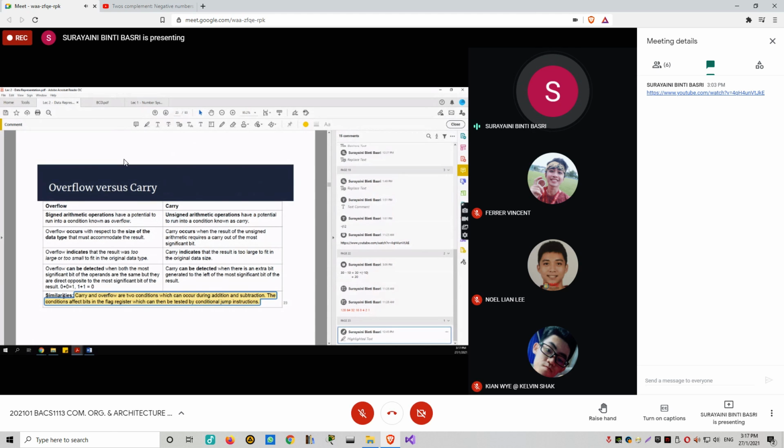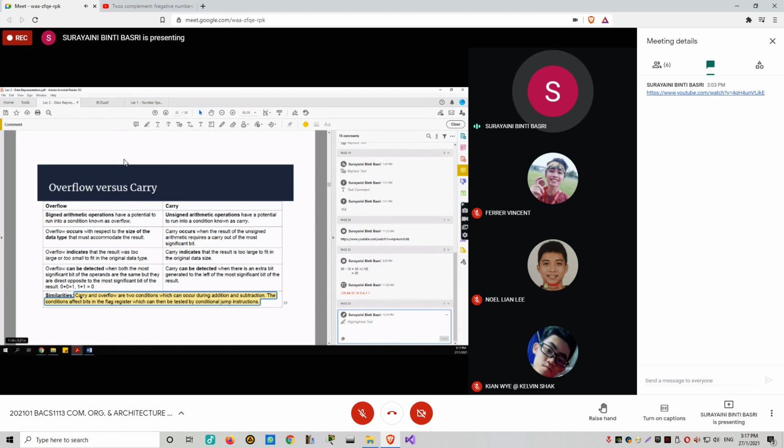Okay, so the similarity between these two is that carry and overflow are two conditions which can occur during addition and subtraction. Okay, so the conditions affect bits in the flag register, which can then be tested by conditional jump instructions.